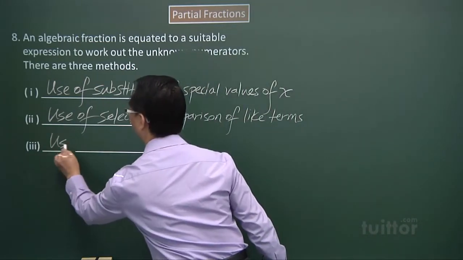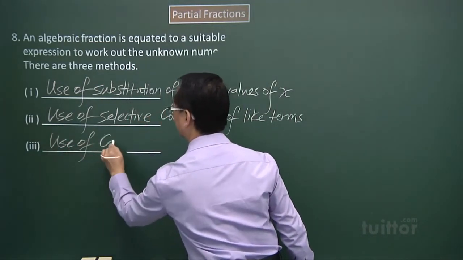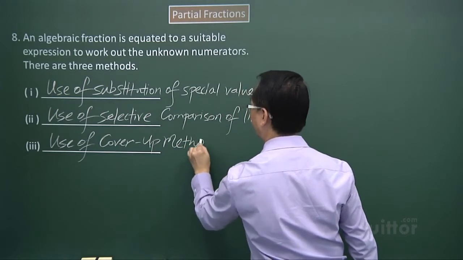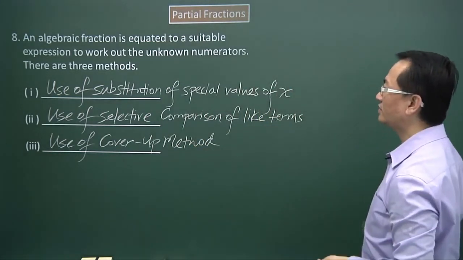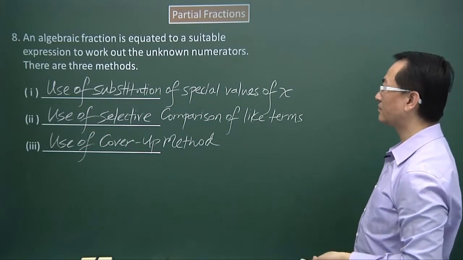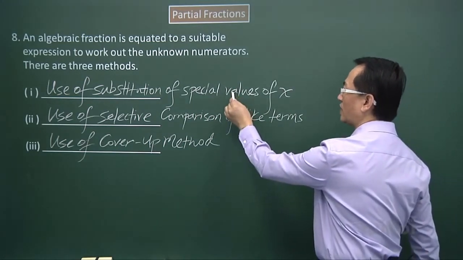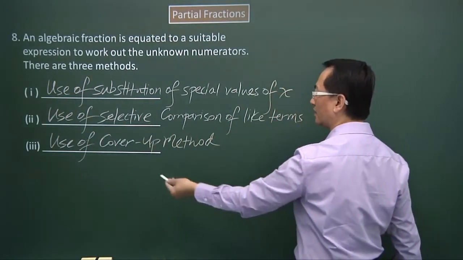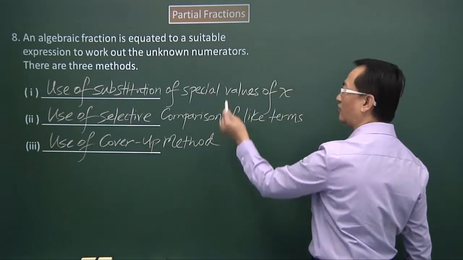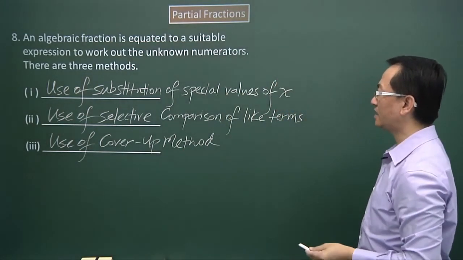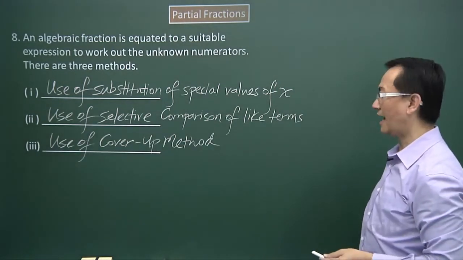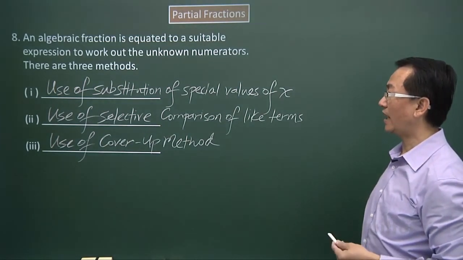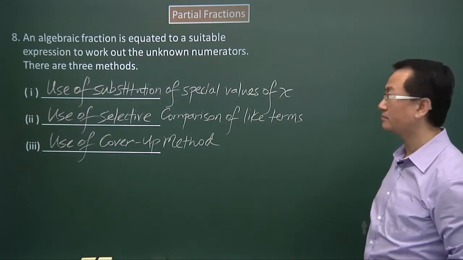Then the use of cover-up method. So these are the three methods we'll be using: substitution of special values of x, selective comparison of like terms, and the cover-up method. For these first two, it is a familiar item in the polynomial section of work. We encounter that in comparison of terms.